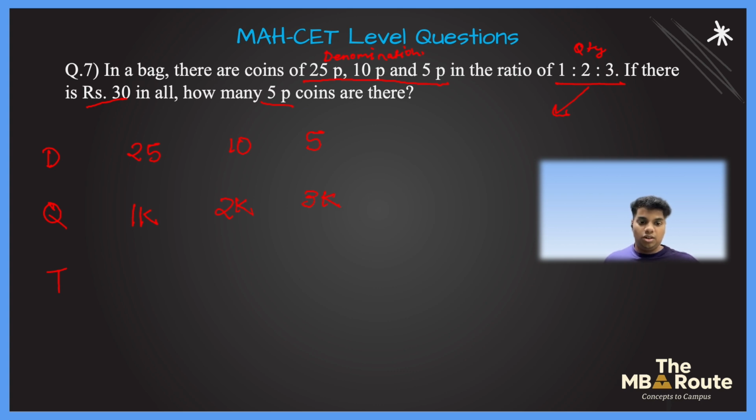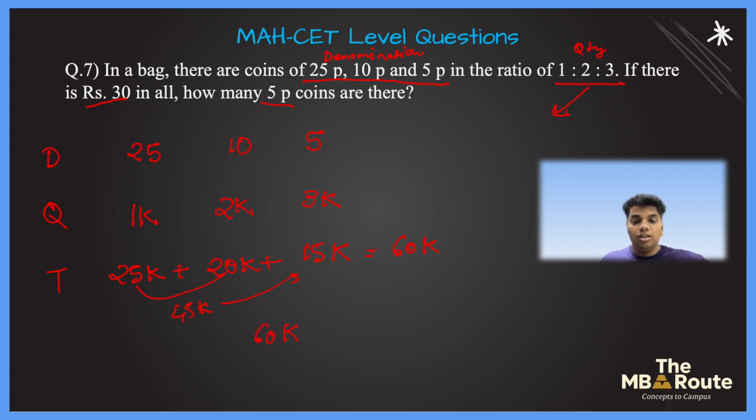So total would be 25K, this would be 20K, and this would be 15K. And the total money in the bag would be the addition of all the 3 points. Okay, so this would be 45K plus 15K, which is 60K. So the total money we have is 60K, which is in paisa.